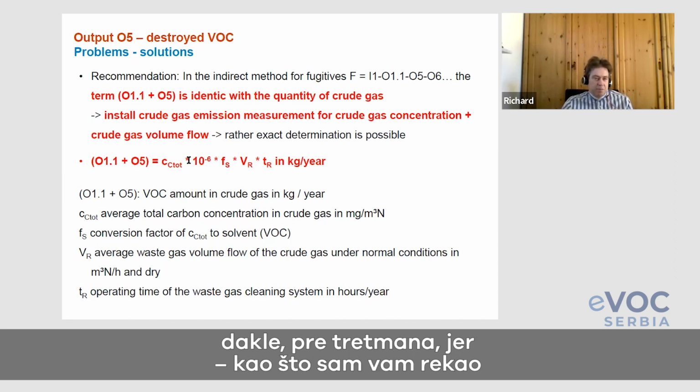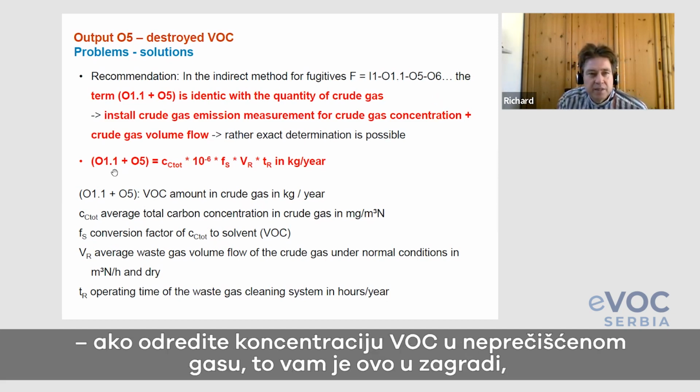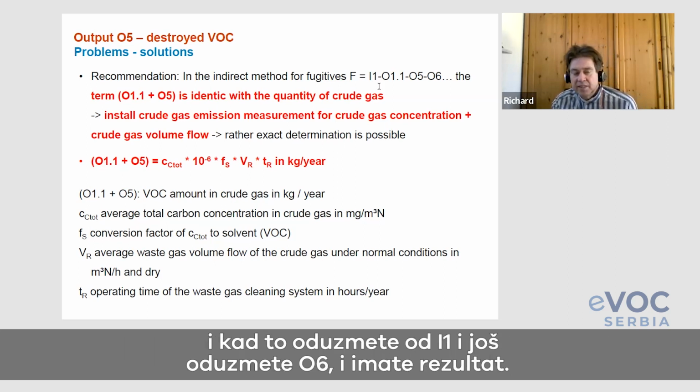That means before the waste gas abatement. Because, as I told you, if you determine the concentration of the crude gas, you measure the total of this here in the bracket. And so you can just subtract it from I1, and you can subtract O8, and then you have it.